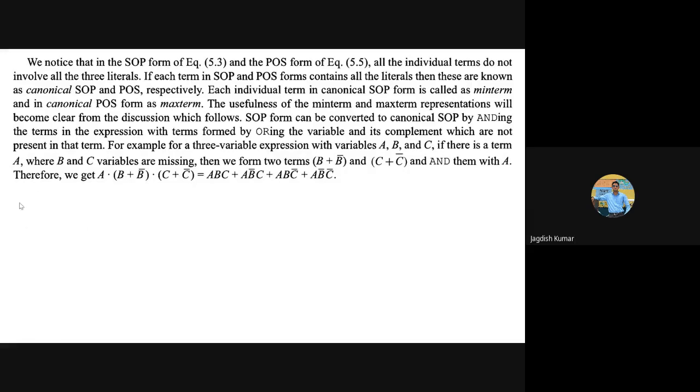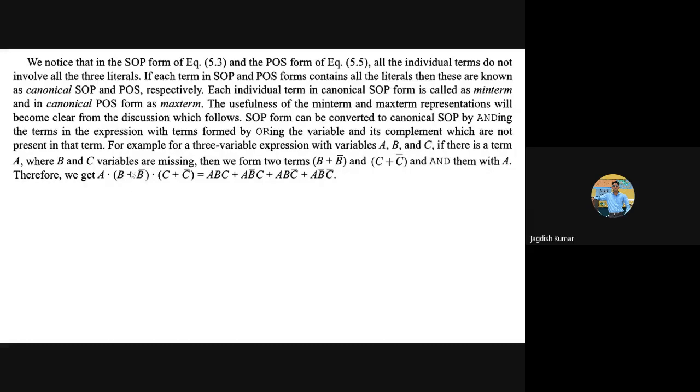So in this term, for the variable whose literals are missing, you take that variable ORed with its complement. What will this be? You know b or b bar is 1, so that doesn't affect things at all. Similarly, c or c bar is also 1. So a and 1 and 1. That's what we are doing actually.